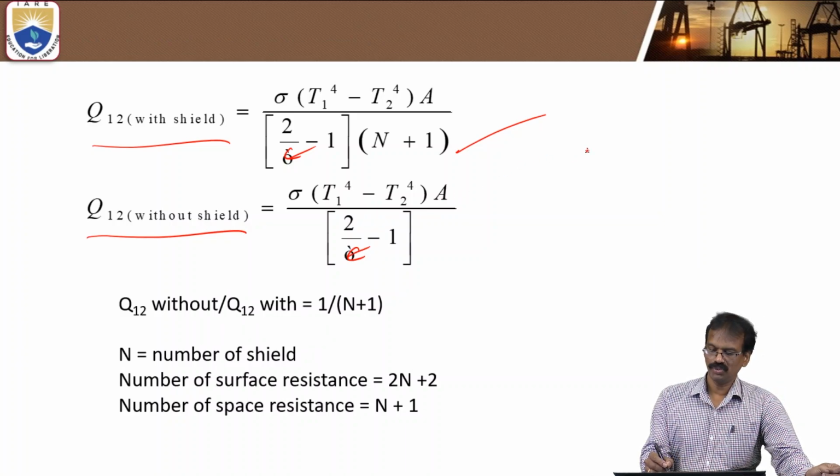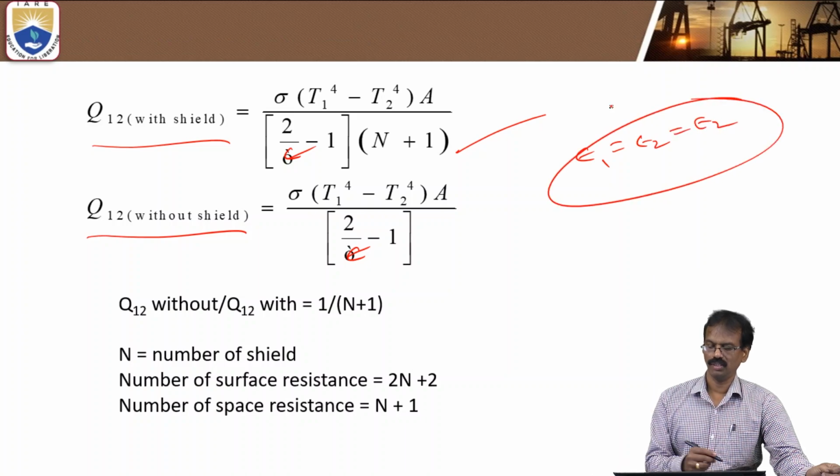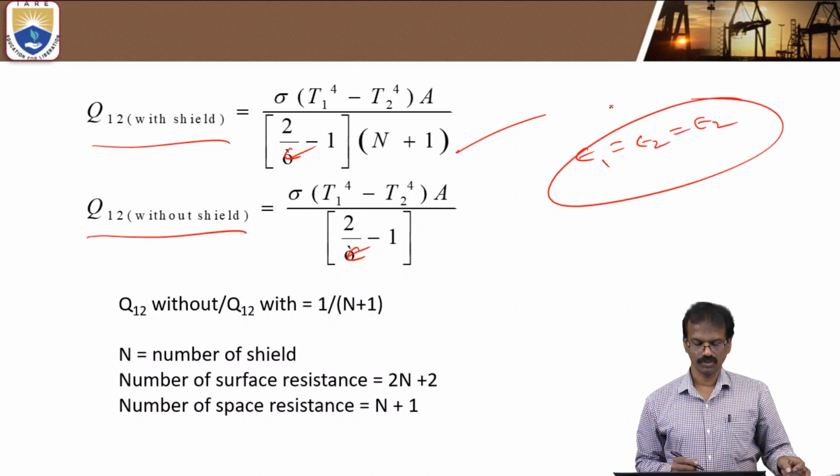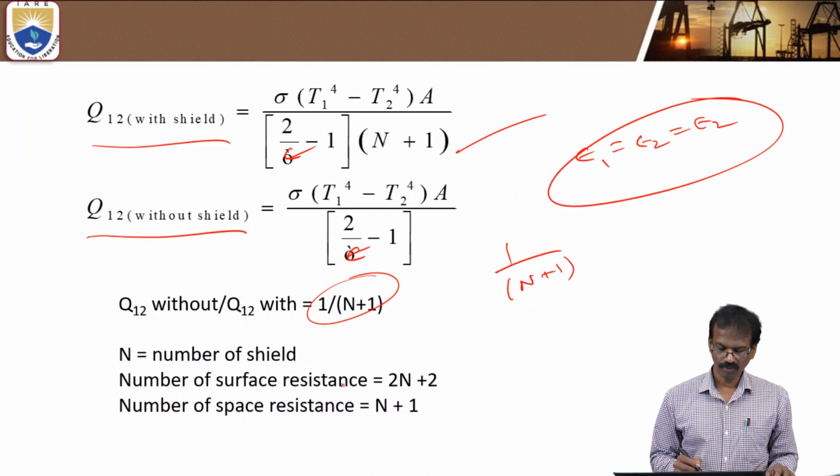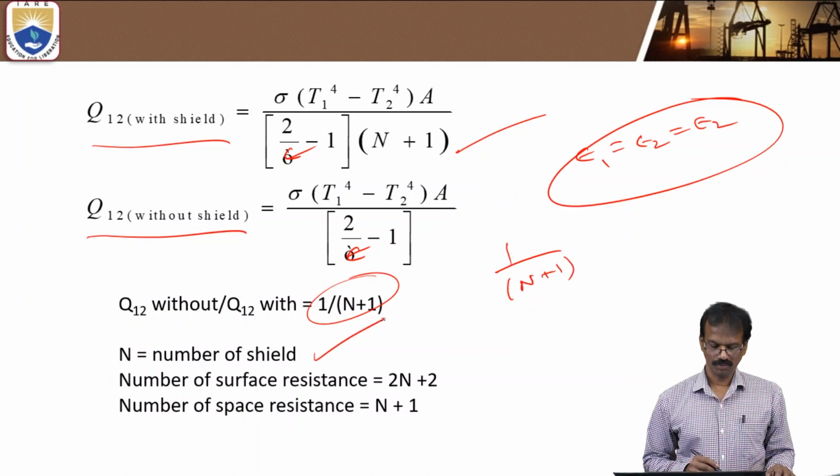If the emissivities are equal and the areas are also equal, then Q12 with shield by Q12 without shield is equal to 1 by (n plus 1), where n is the number of shields.